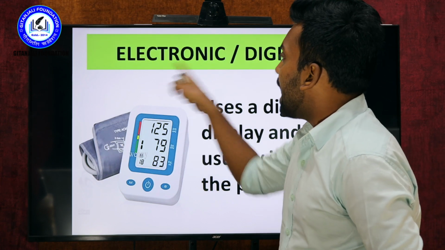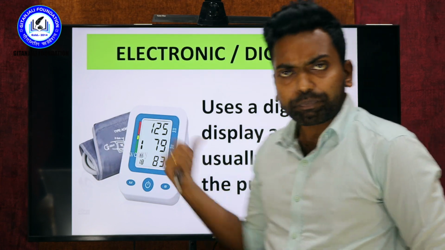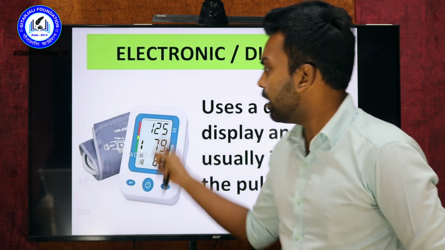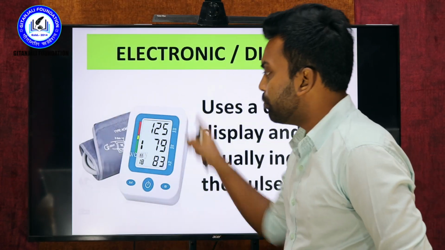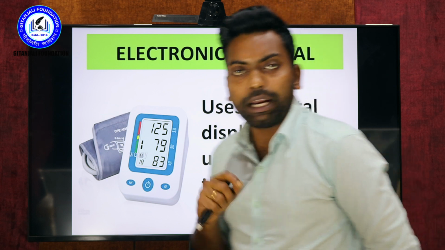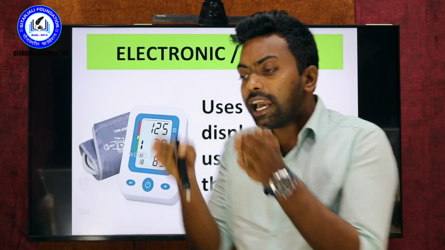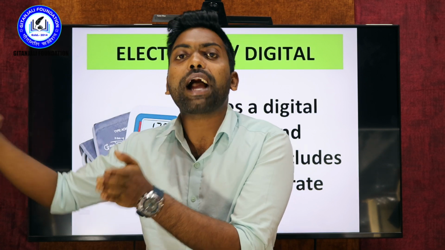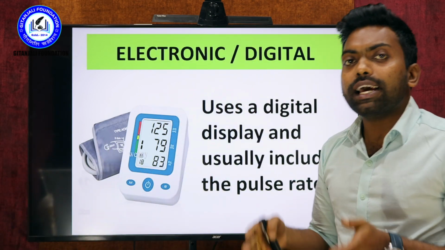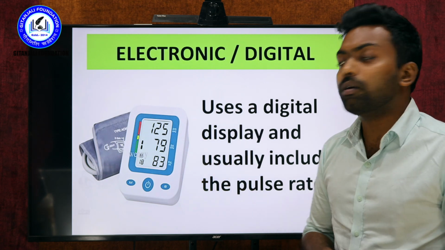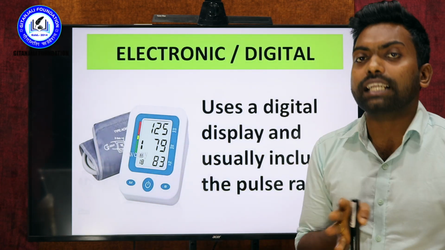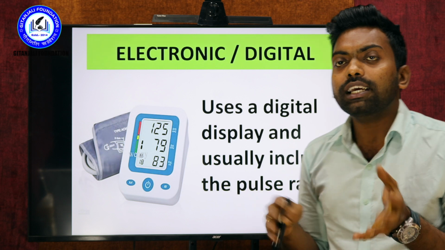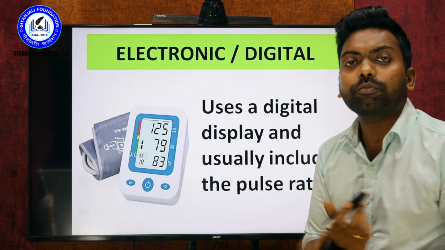The second one is the electronic or digital BP apparatus, with which we analyze blood pressure digitally. Compared to the sphygmomanometer, where we check the blood pressure manually, the digital BP apparatus is not used manually, so it automatically generates the blood pressure.